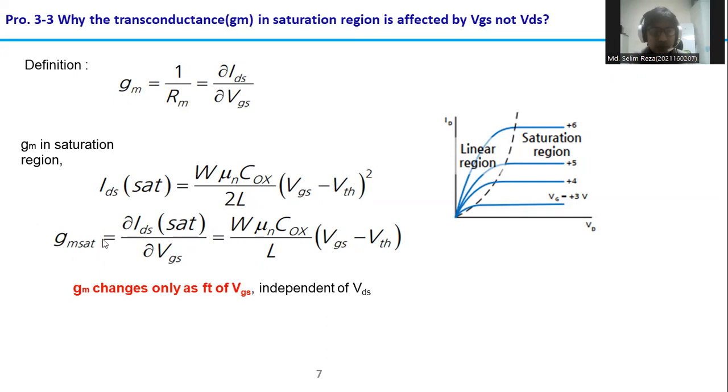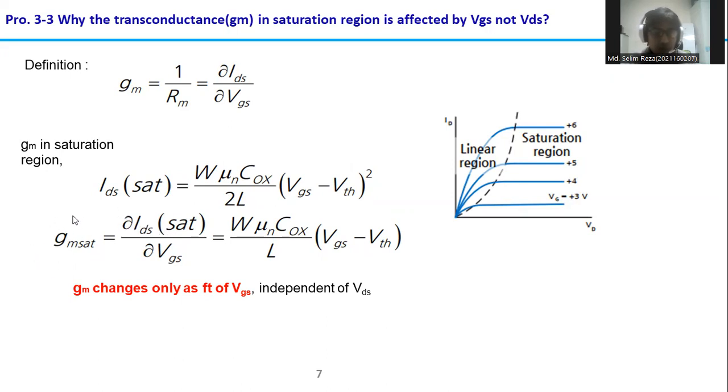From this we can derive the transconductance, it will be like this. You can see that there is no VDS controlling this equation, and we know that in the saturation region the drain to source current is always constant, so it will not change.